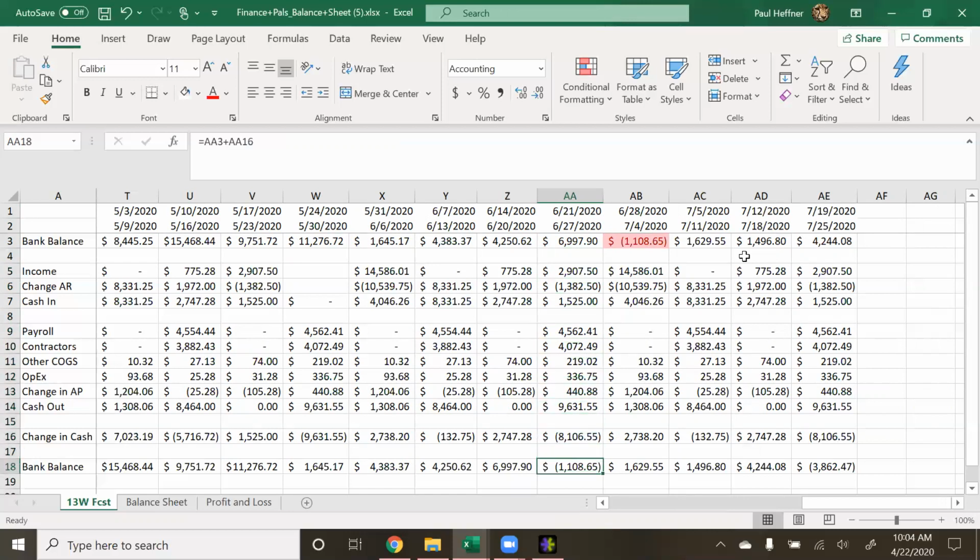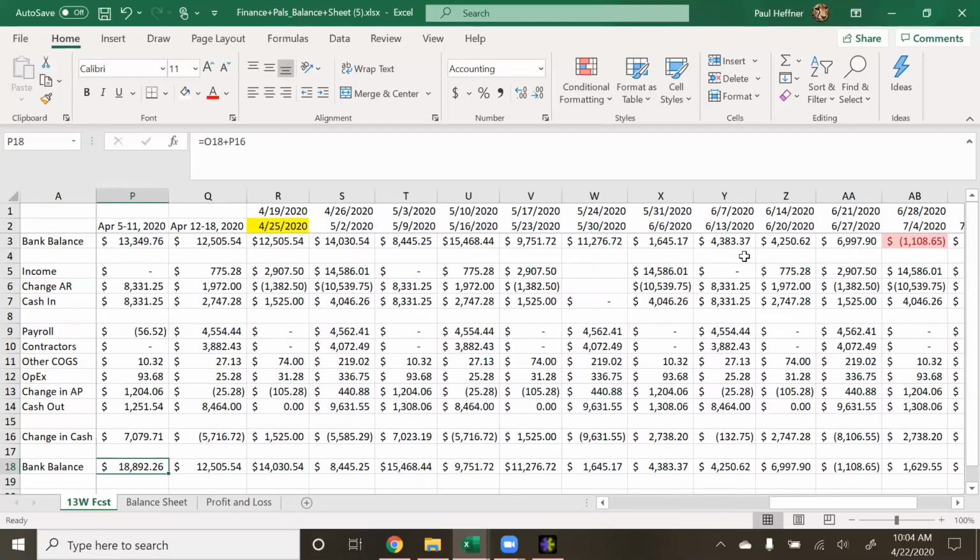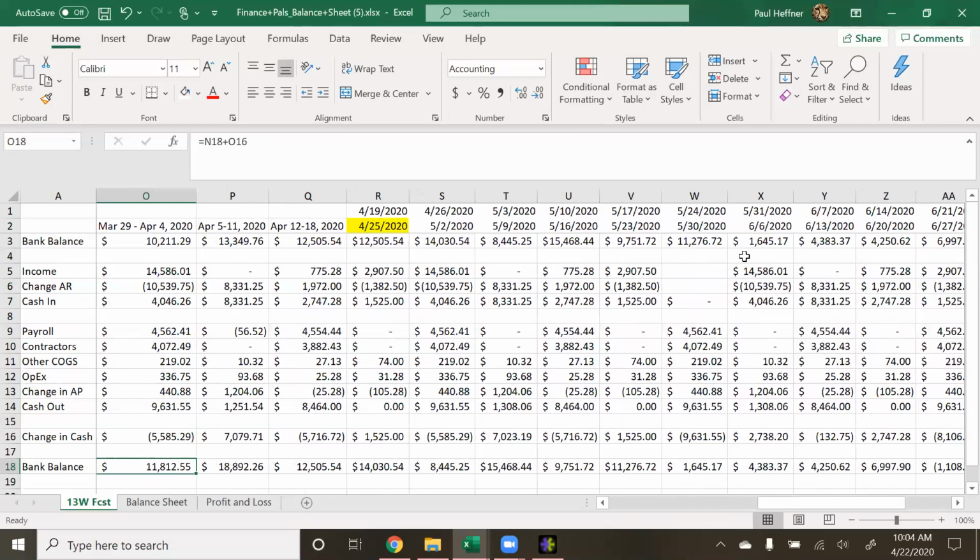Yeah, so wait, actually, maybe I'm off on how I set this up. One second. Yeah, so this is the start. Well, it sort of switches halfway through. Originally this was the ending bank balance, but now going forward, this is going to be the starting, and this is the ending.